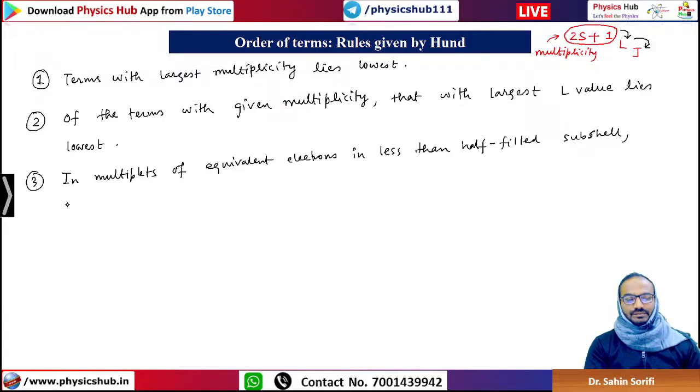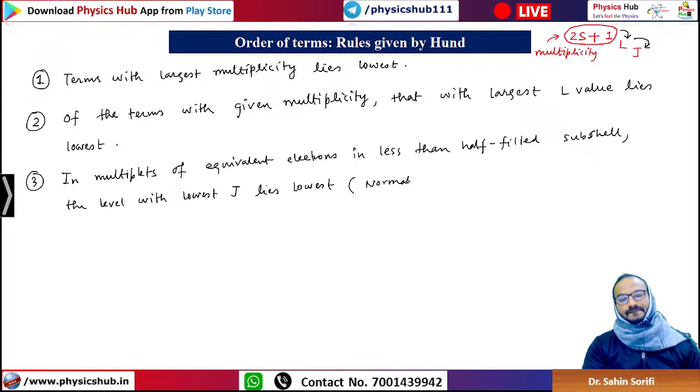Normal order: the level with lowest J lies lowest. You see, lowest J lying lowest, so this is normal order.